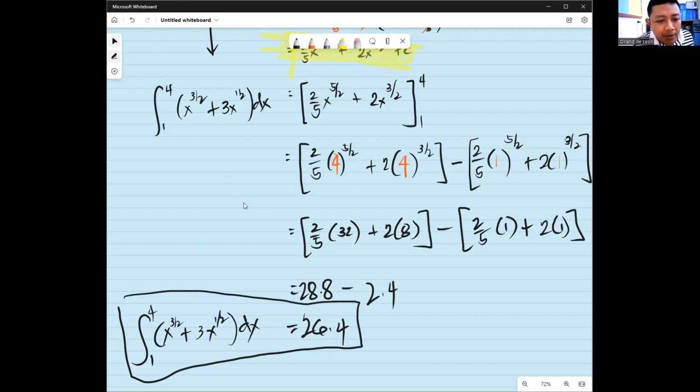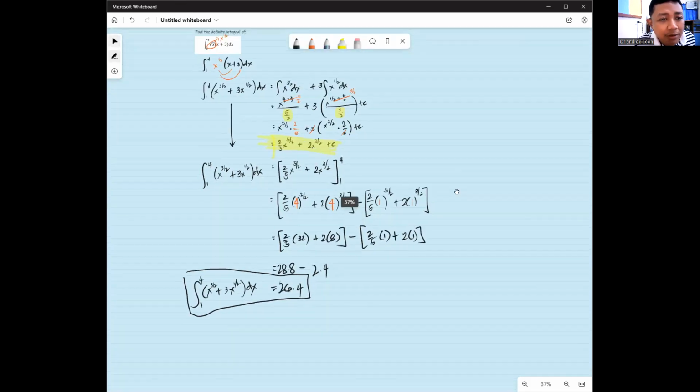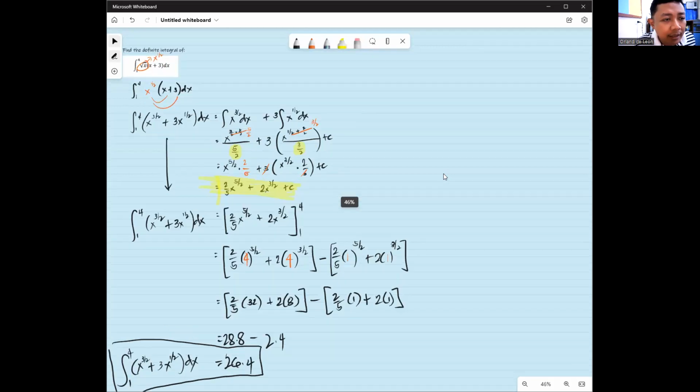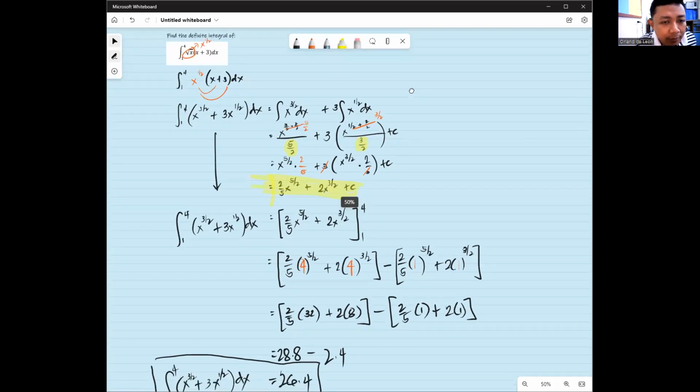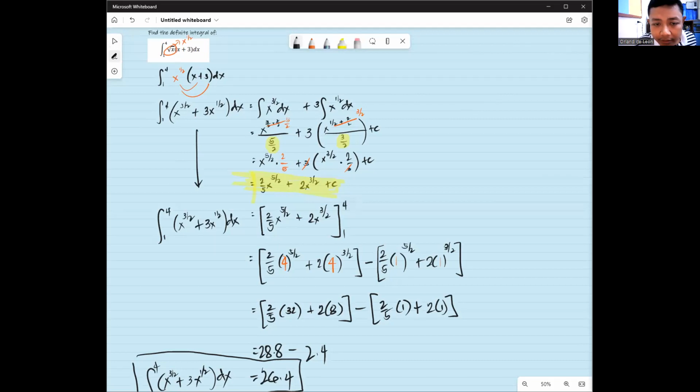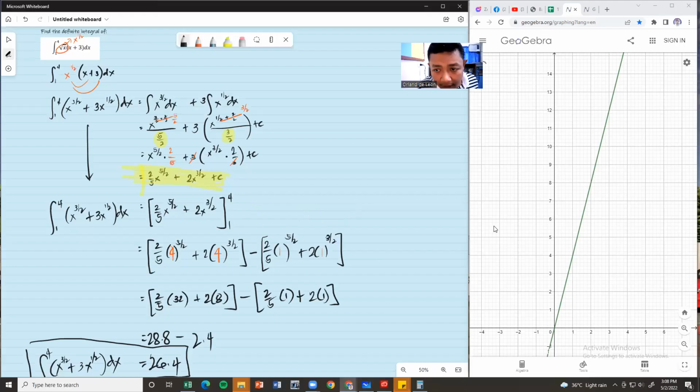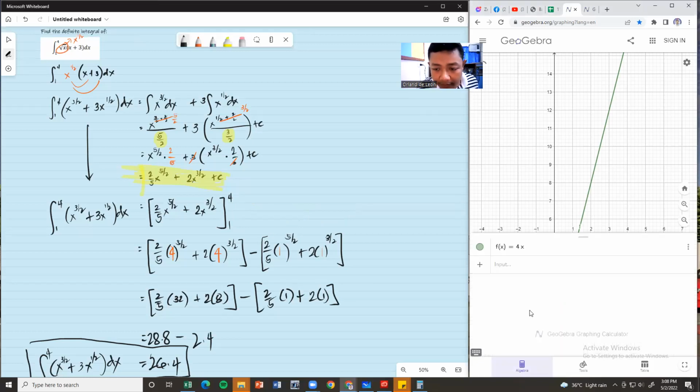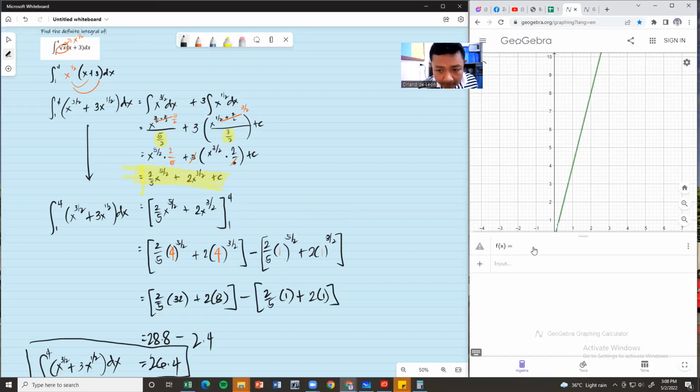Okay? So, if you wish to have it graphed, let's have this here so that we can just see how that 26.4 looks like. So we just have to graph it. The original given, that is the square root of, special square root.